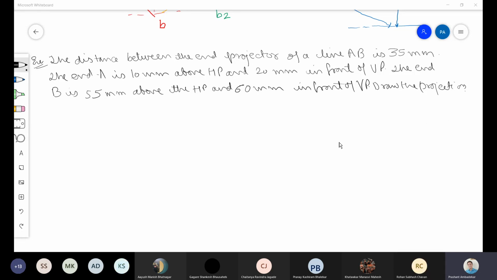Then Sahil Gosalkar. Okay, are you using pen, Sahil? Unmute yourself, Sahil. Yes, sir.